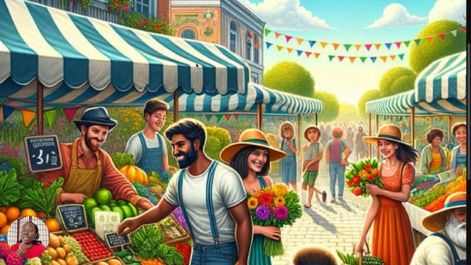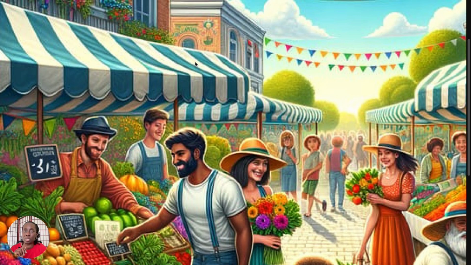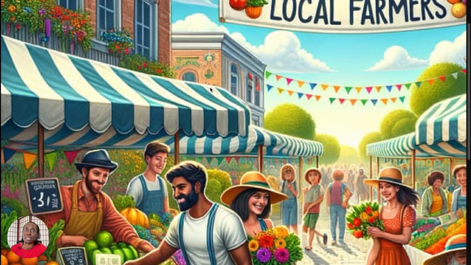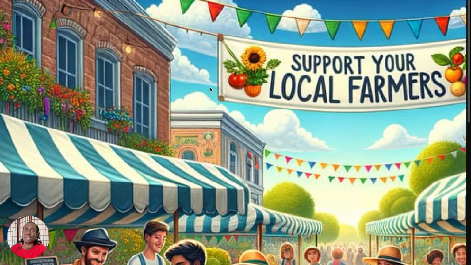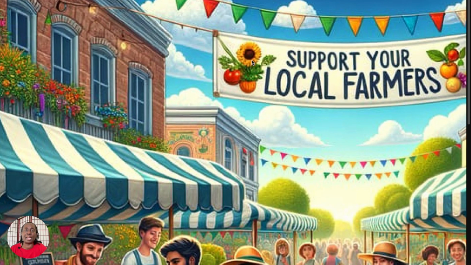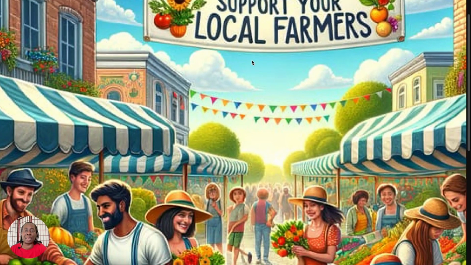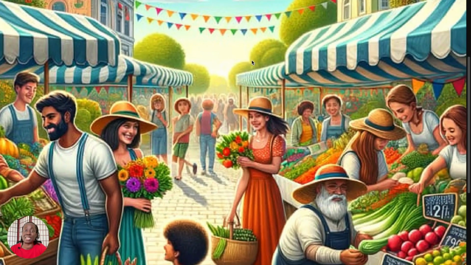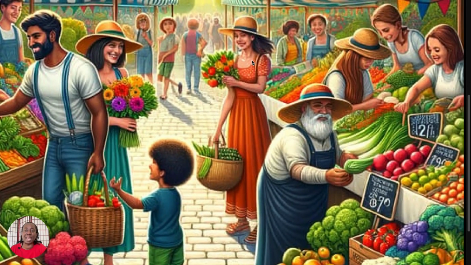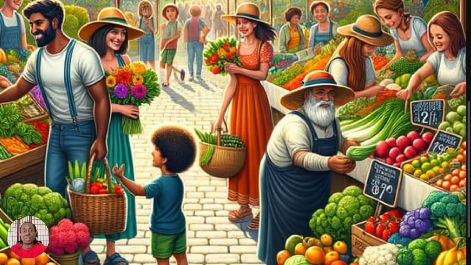I see that the canopies are two colors, white and blue. The canopies have white stripes and blue stripes. And this is a typical scene at a farmer's market.